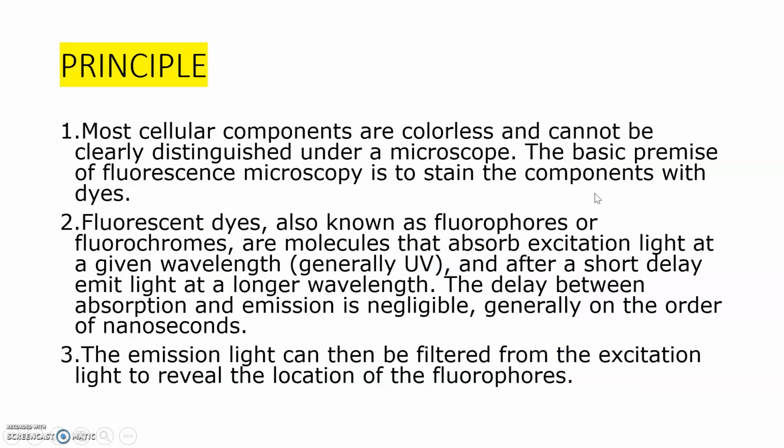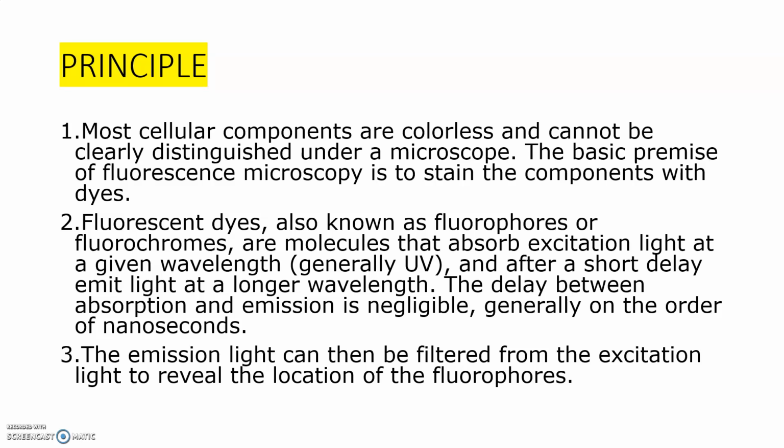Now the principle. Most cellular components are colorless and cannot be clearly distinguished under a microscope. So the basic premise of fluorescent microscopy is to stain the components with dyes. Whichever object we are observing under fluorescent microscopy, first you should stain the components with dyes.